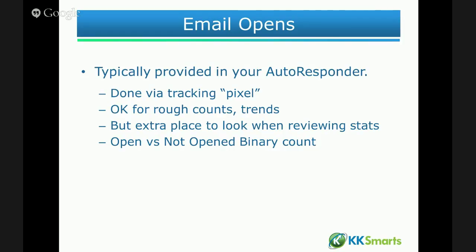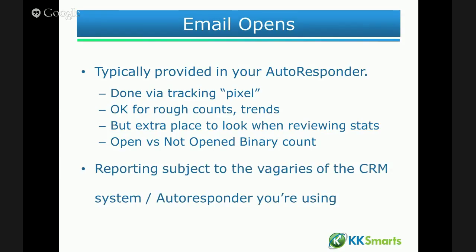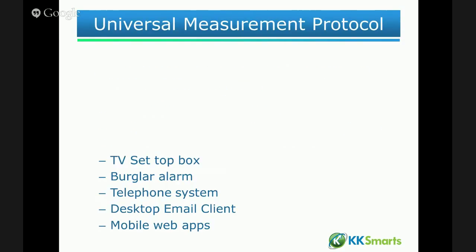So the Universal Measurement Protocol, as I'll show you, will offer you an opportunity to measure response in a more granular way, but its scope goes way beyond email. So what is the Universal Measurement Protocol? Well, it is a protocol.